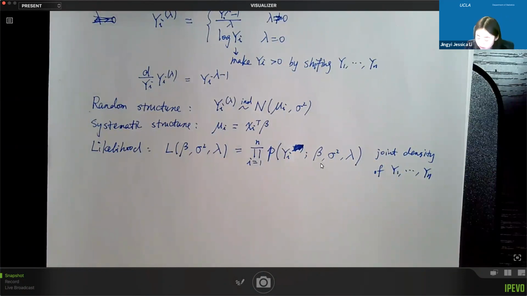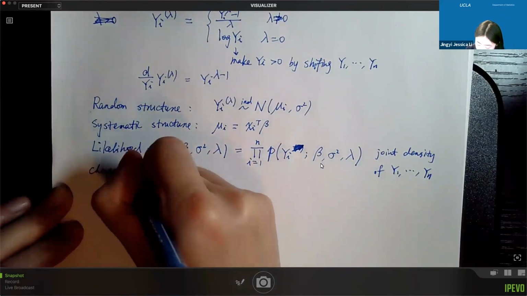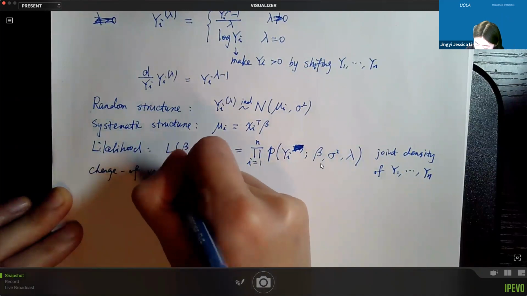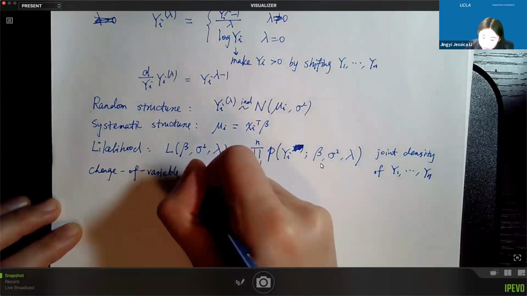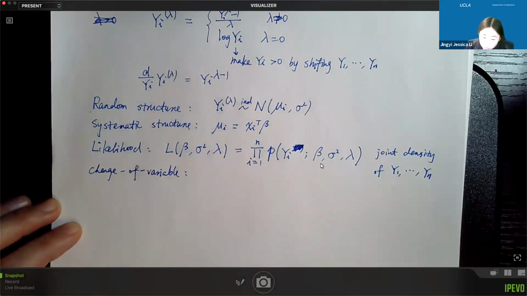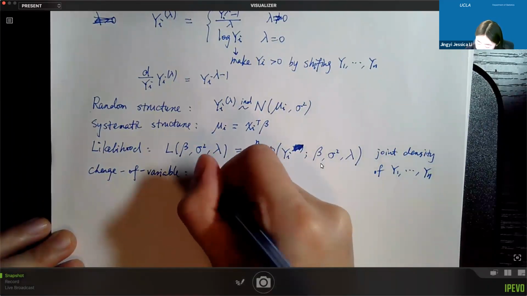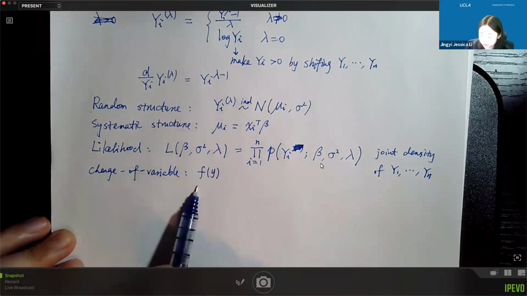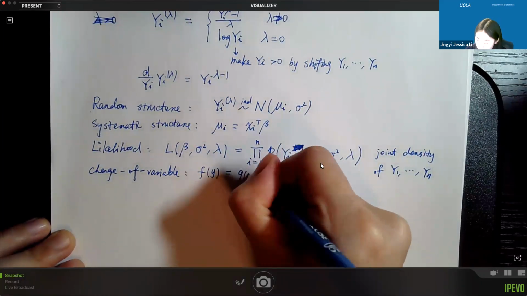So the change of variable for probability density is this simple formula. Let's say that we want to have the density of y. We call it probability density f. And we know that y itself has a 1-to-1 map with another random variable x, whose density function is g.